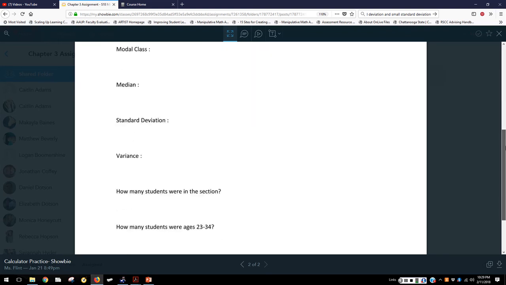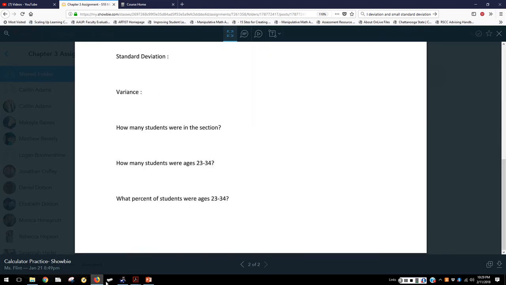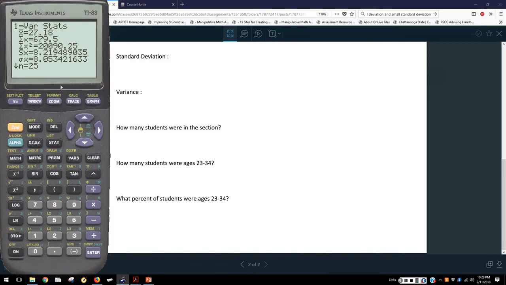If we thought that that was the entire population or that section, which indeed it is, then we would say that the standard deviation for that whole class was 8.05.